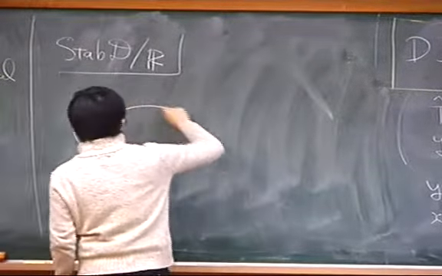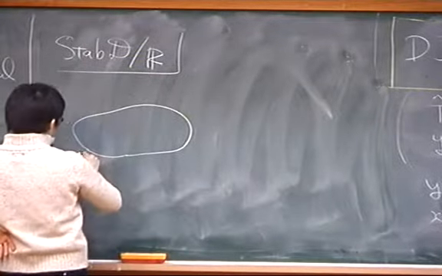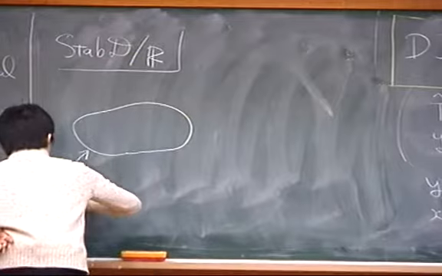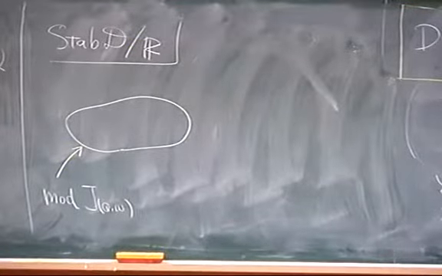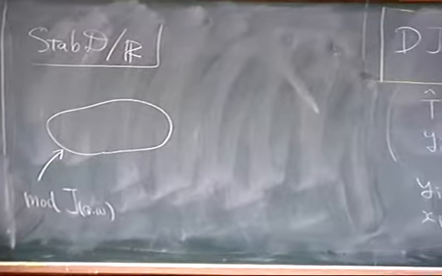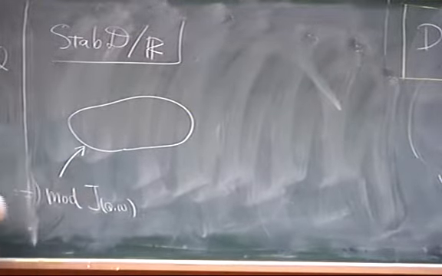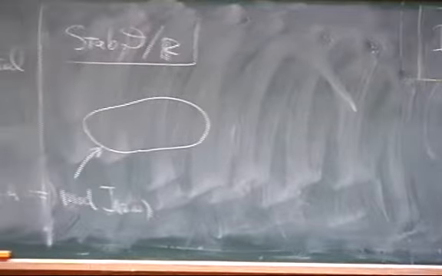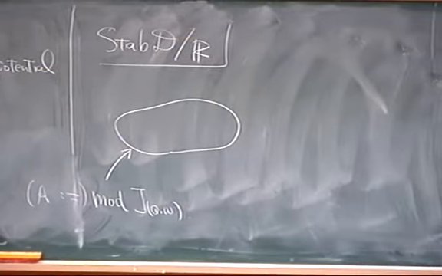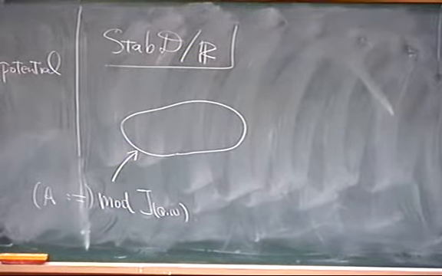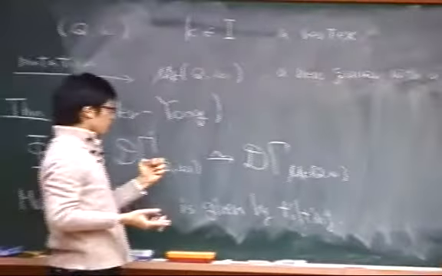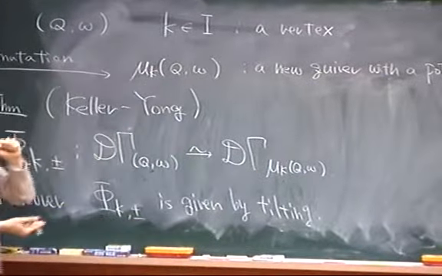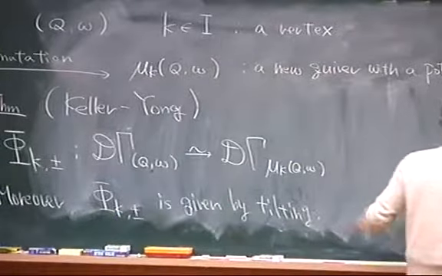In a space of stability condition, we have an open set corresponding to the original t-structure, what I wrote A. And given a vertex k, we have an algorithm to provide a new quiver with potential, and we have a derived equivalence between the original quiver with potential and the mutated quiver with potential. So this is given by tilting.